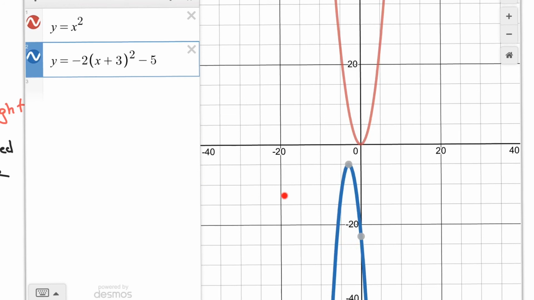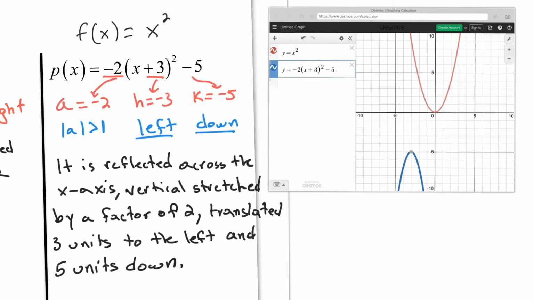I'm going to make these smaller so we can actually read again how the parabola was transformed. You guys have the parent function up here, y equals x squared. You guys have the transformed function, y equals -2, parentheses, x plus 3 squared minus 5.